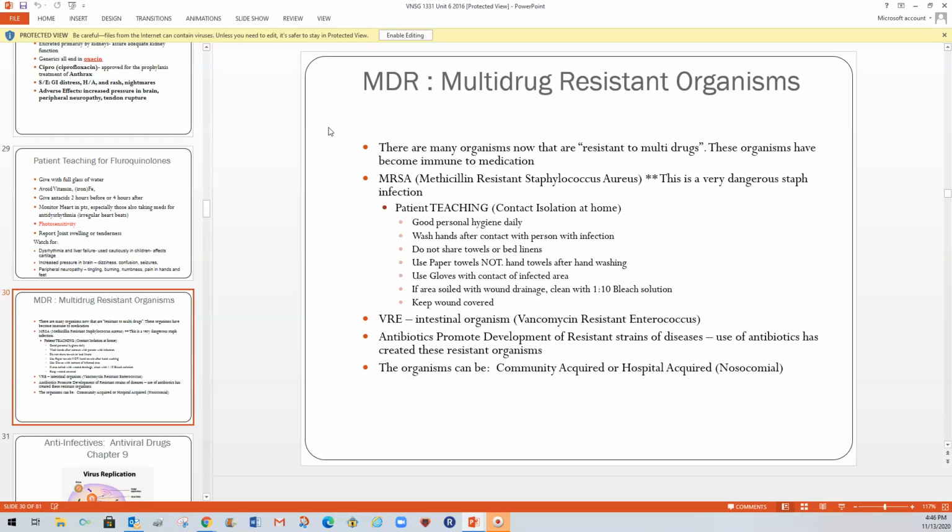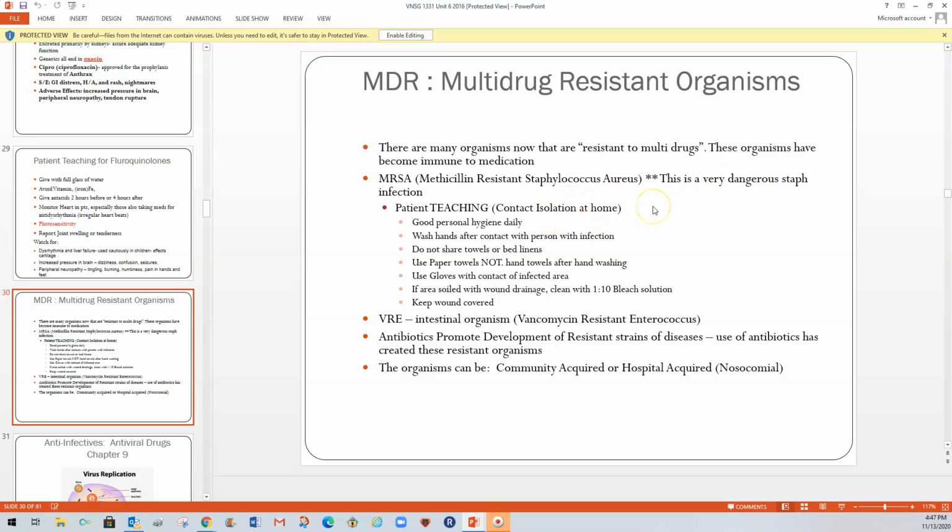MRSA is very, very dangerous. It started when I was nursing on the floor, and you never heard of a MRSA patient, and then we had one, and our infection control nurse was so upset. Over the years, MRSA has become kind of common in hospitals and long-term care, and it's sad.